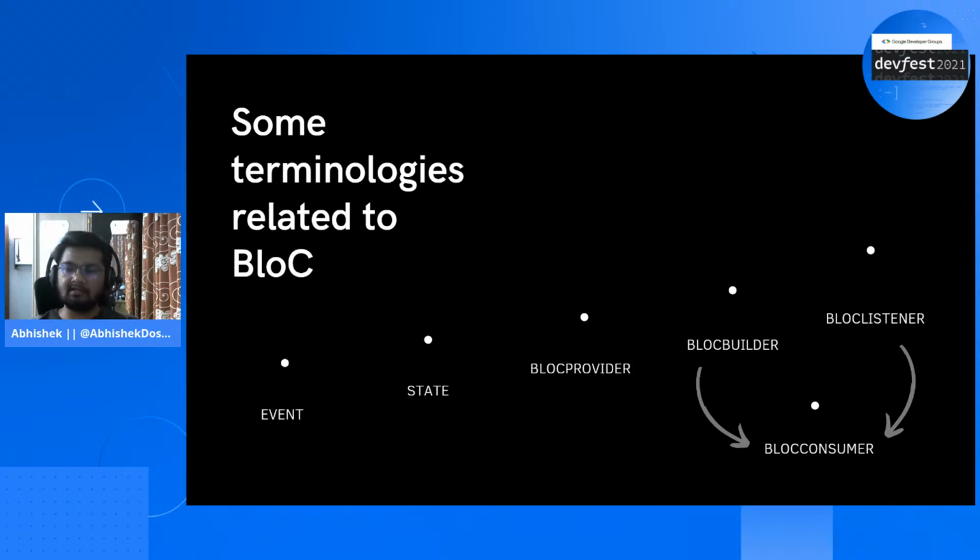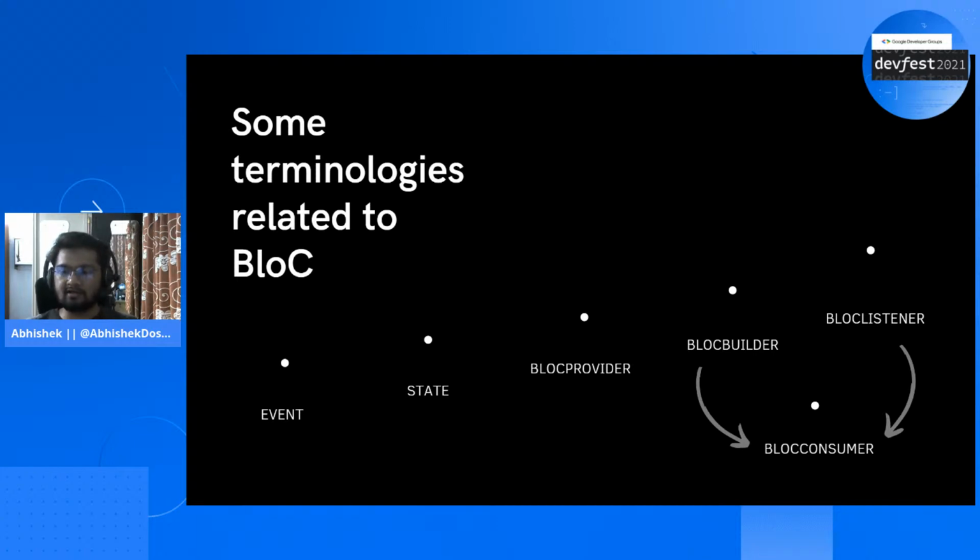On the other hand, states would be something that your application goes through when that event is processed. For example, we have a loading state. Whenever we have API calls, we show a loader, right? Continuing with the same example, once the user clicks on the submit button, there would be a loading state first of all.